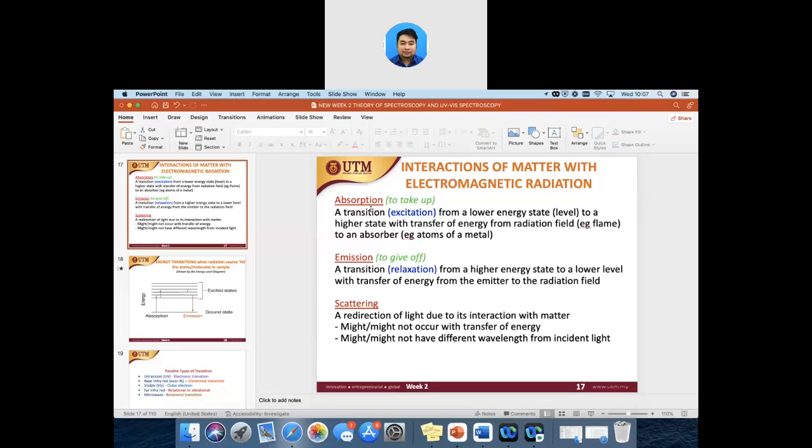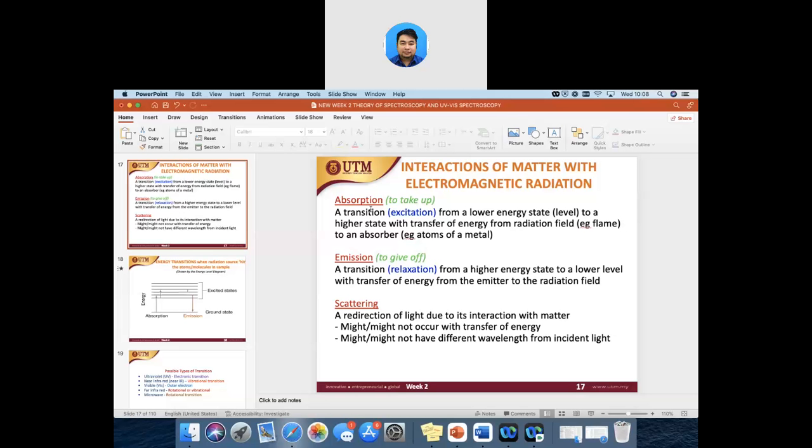Now I want to give it off. So it is a point of relaxation. We call it relaxation. Just now was excitation. So now it's relaxation from the excited state, from the higher energy level to a much lower energy level, which is the ground state just now.